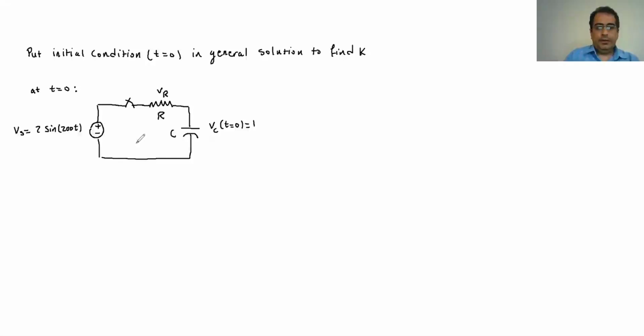Okay. Now if I go ahead and write the KVL again here, it's going to tell me negative VS plus VR plus VC is equal to 0.